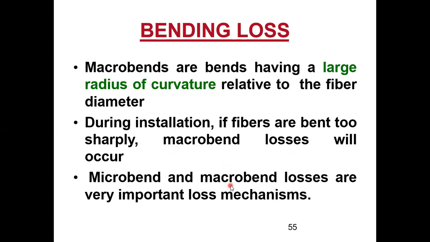When we were doing scattering loss, we saw that since we now have sophisticated manufacturing techniques, the impurities, moisture content or ions present in the fiber are less, so it was very negligible. But I'm laying down the fiber, I'm protecting the fiber, I cannot avoid that situation. So the bending loss is one of the important contributors to the loss mechanisms in a fiber.